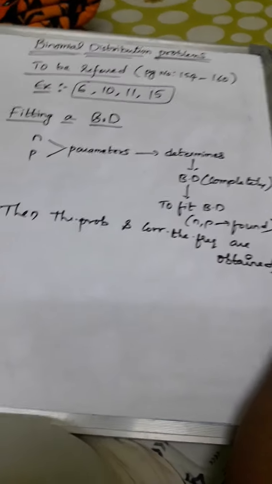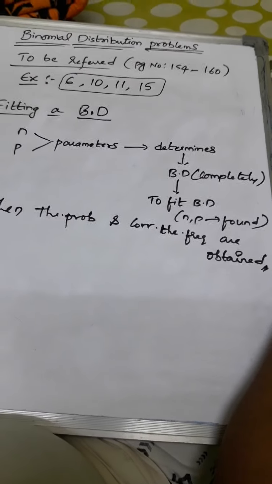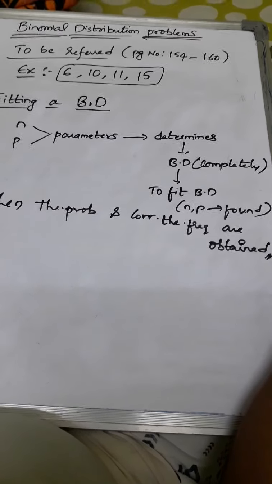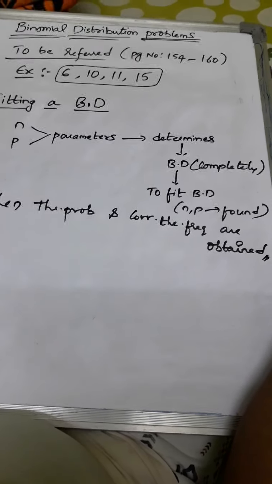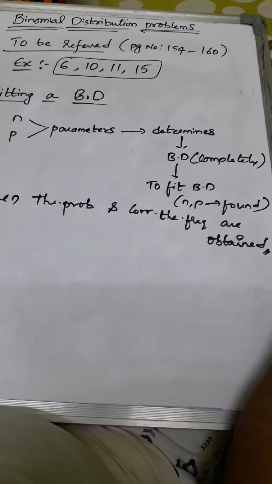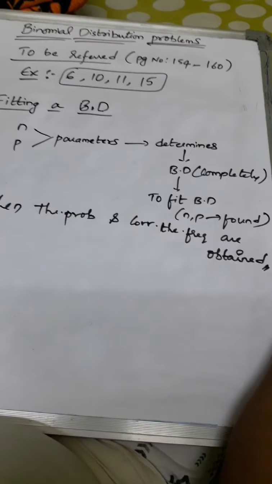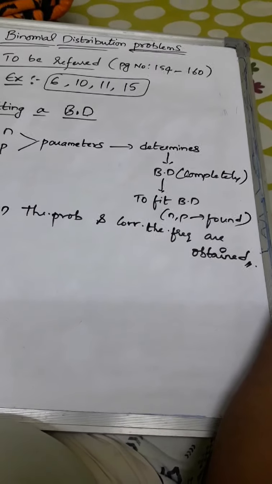Remember this. Now, to fit this binomial distribution, first of all n and p are to be found. That is one thing, because calculating n and p is very essential. As I said earlier, n and p are the required parameters, so without n and p you cannot calculate the binomial distribution.